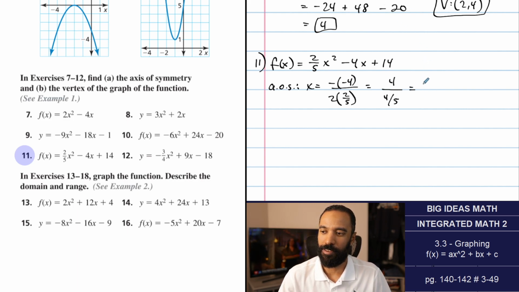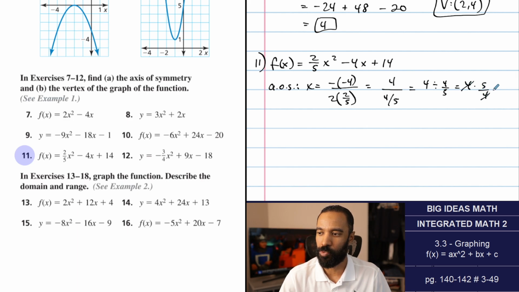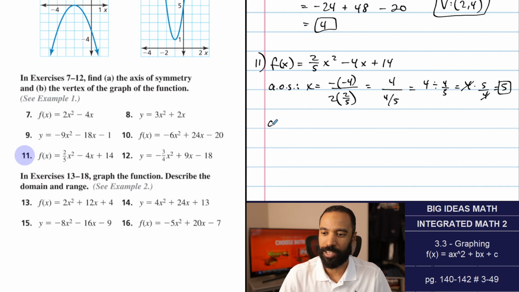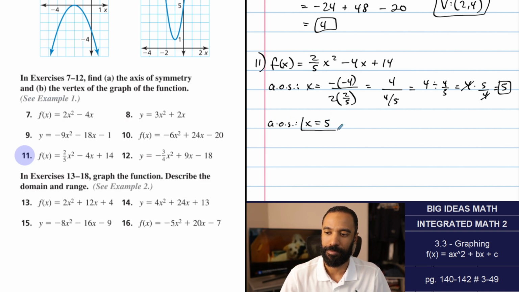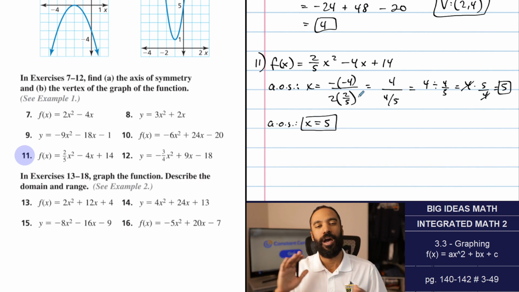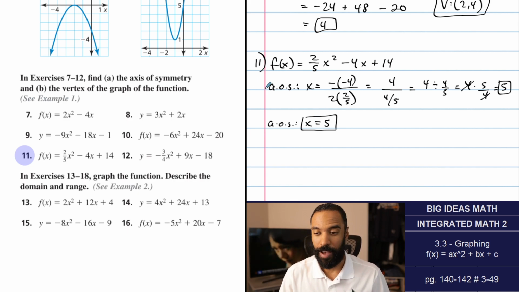When you divide, it's 4 divided by 4/5, which is also 4 times 5/4. 4 divided by 4 is 1. 1 times 5 is 5. So that's the axis of symmetry is x equals 5. Crazy, right? Okay, x equals 5.